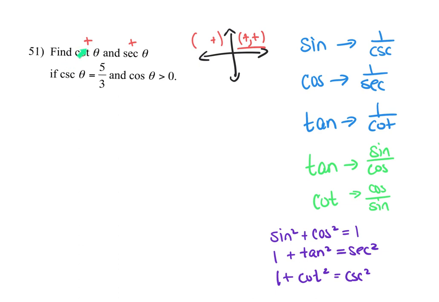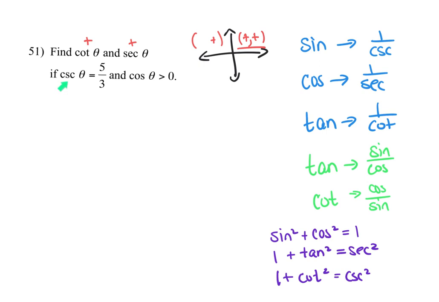Or if I find cotangent, I can use the reciprocal of that to find secant. There's a multitude of ways to get to secant from cosecant. I can say sine squared plus cosine squared equals 1 and flip that to get secant. Does that make sense?